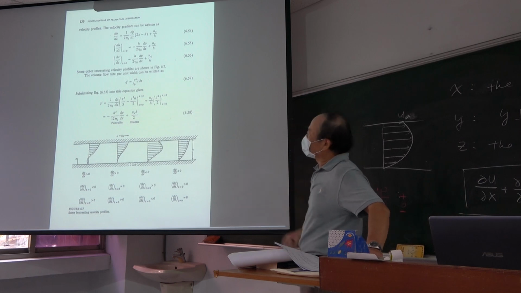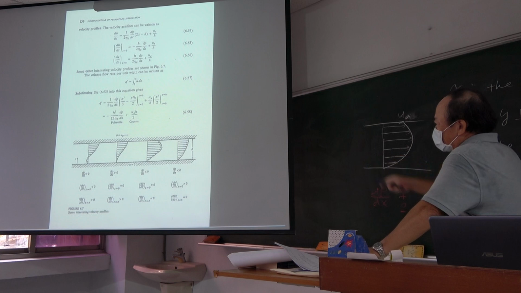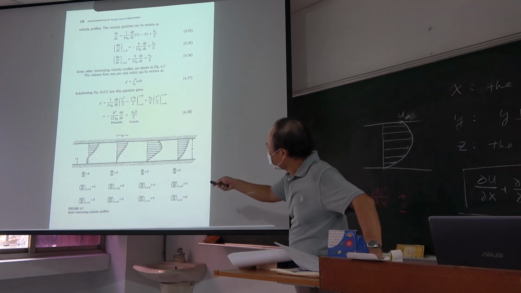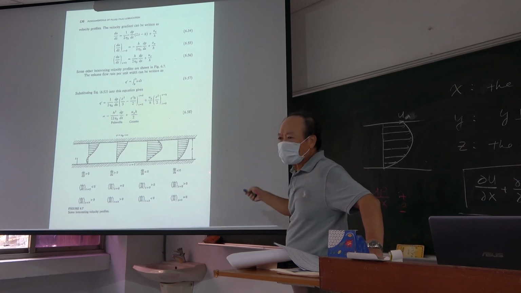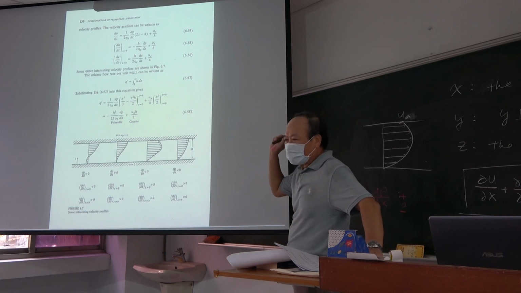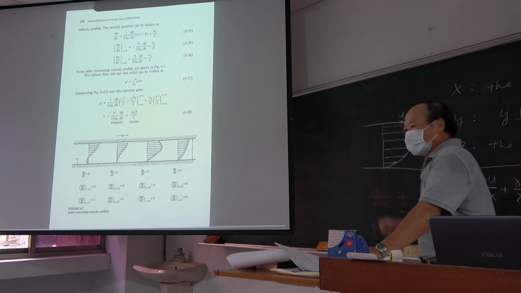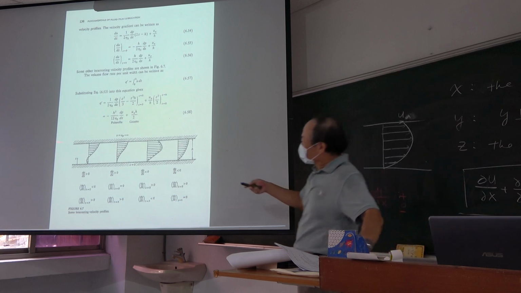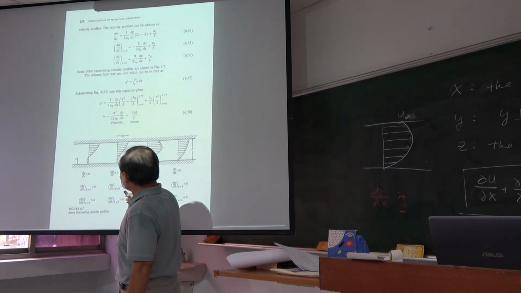Combining them together, we have the velocity distribution between the two parallel plates. There are 4 cases, we have one of the 4 kinds of profile in our flow channel. The first one is this one.